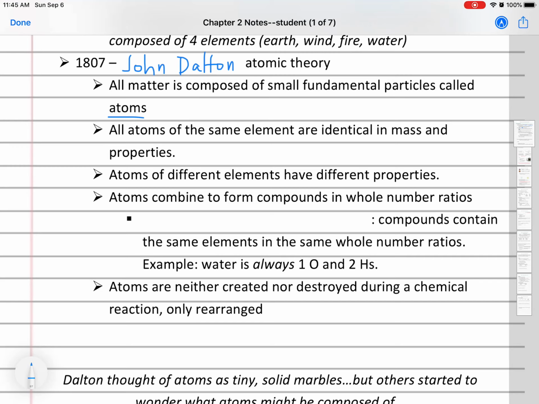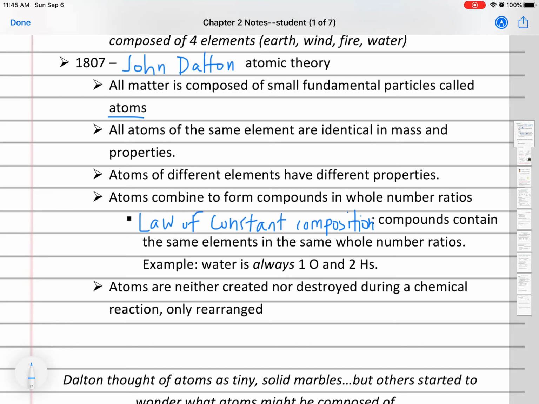Dalton's atomic theory was not just thought up, it was based on known science at the time. One of the first science laws it was based on was the law of constant composition. It was known that if you took a compound and broke it up into its component elements, no matter how much of that compound you had, you always got the same ratio of elements.